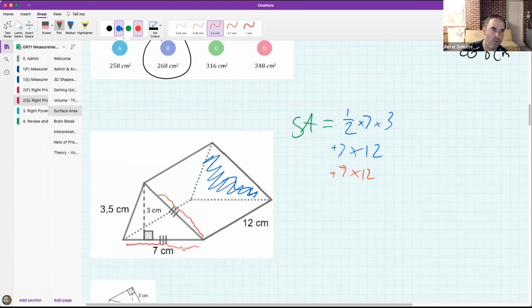And then I've also got this bit, which is 3.5 times 12. In terms of that method, you can see that all of those rectangles have a depth of 12. That's why the other formula works, because you always have the same 12. Okay, let's see what I get for my answer.